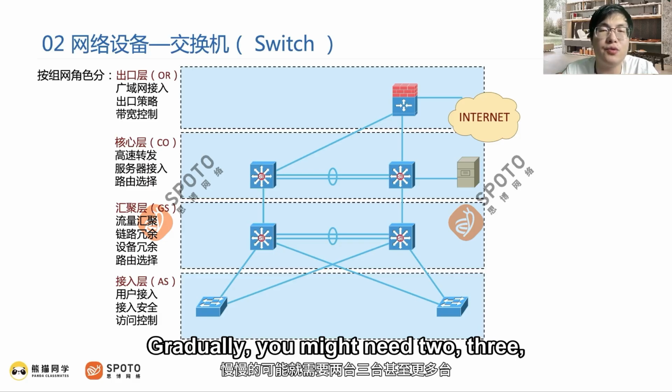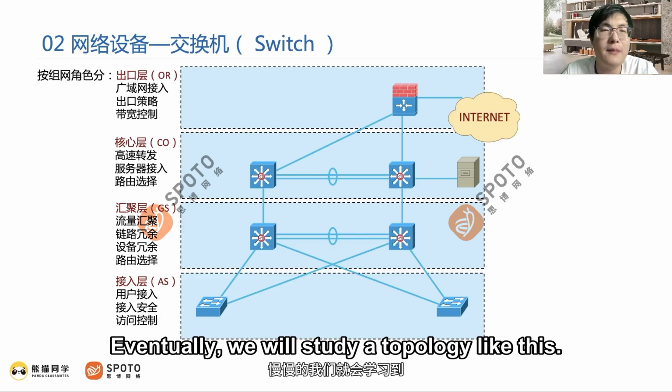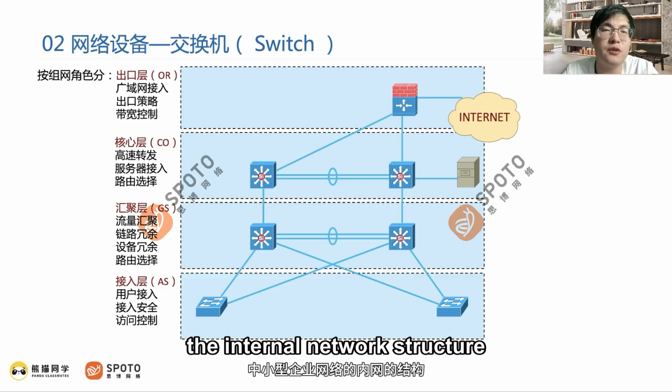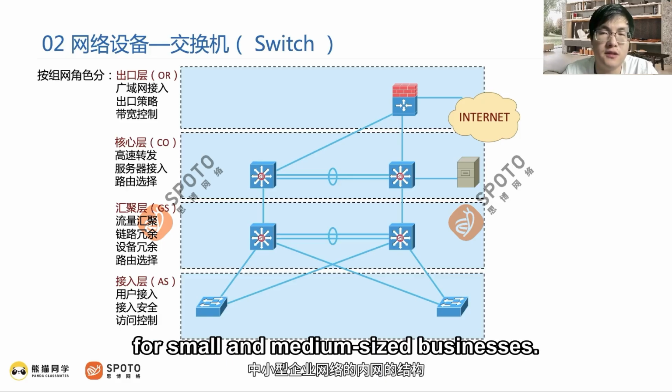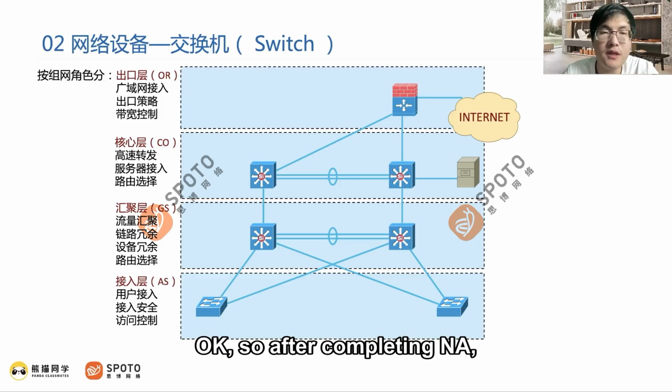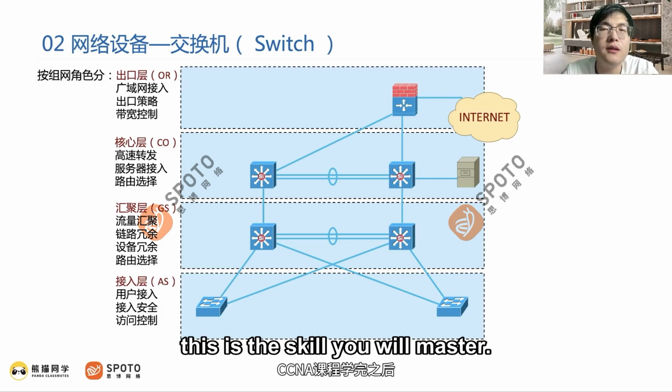Gradually, you might need 2, 3, or even more. Eventually, we will study a topology like this. This kind of topology can already solve the internal network structure for small and medium-sized businesses. You can address it with this. Okay, so after completing NA, after completing the CC, this is the skill you will master.